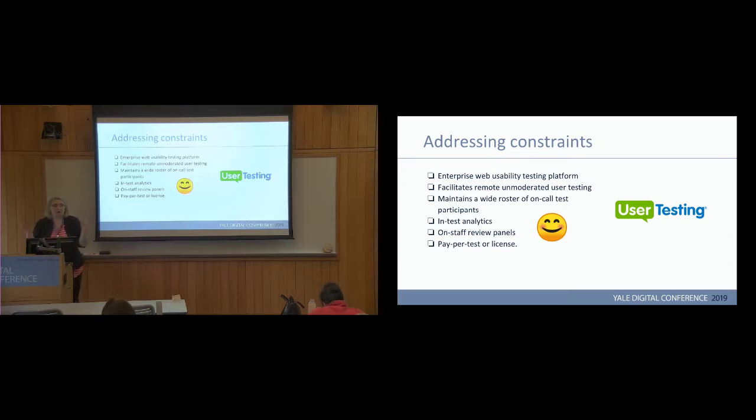There are analytics built into the platform that can provide more quantitative information about how people are moving around. So like I said, heat maps: are they mousing all over this one thing? Are they clicking on stuff that isn't clickable? That kind of thing. On staff review panels, so they employ a bunch of researchers to review the results of your test.